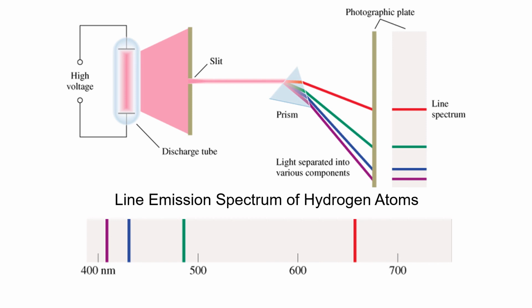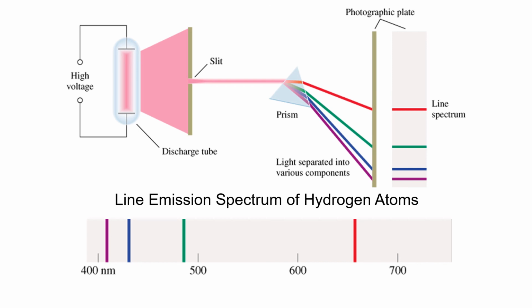So a continuous spectrum is given by sunlight and white light, and it contains all the wavelengths in the visible spectrum. A line spectrum, which is what we're looking at here, is a discrete spectrum. It contains light only for specific wavelengths, and the series of these lines for the elements is called the element's atomic spectrum or emission spectrum.